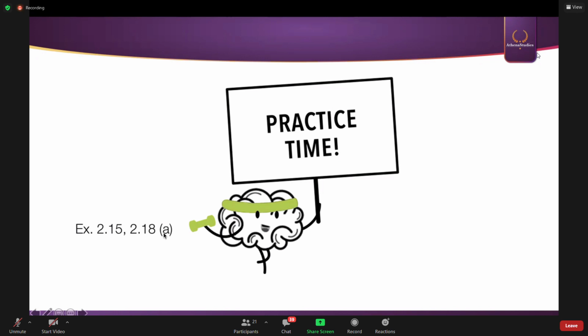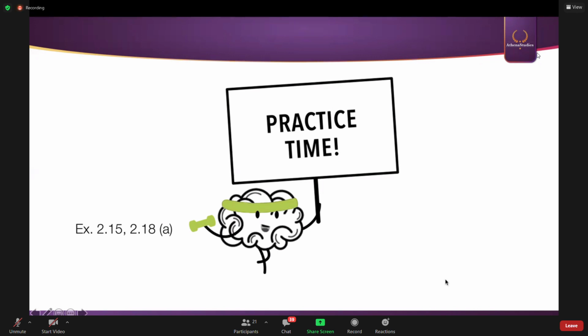Because it's a great exercise to start with, and it allows us to work with row reduction directly on the matrix. So we will work exercise 2.18 from the book.